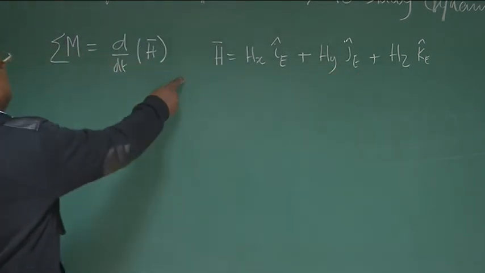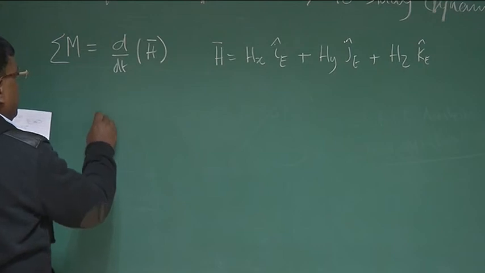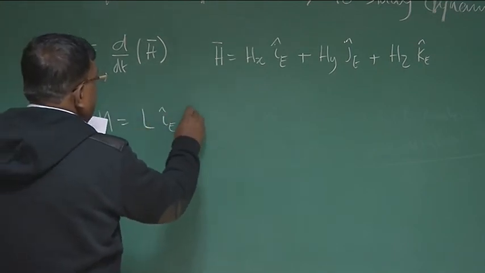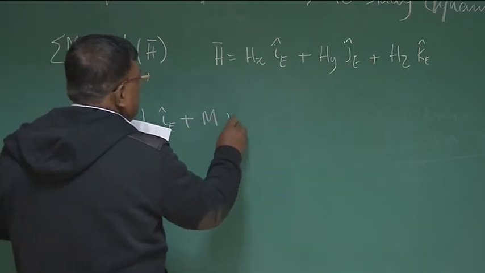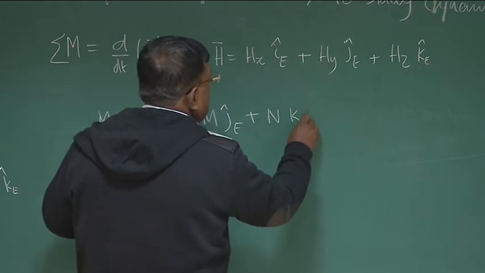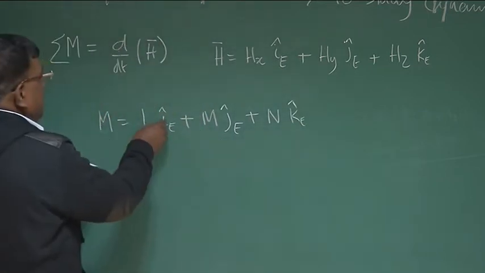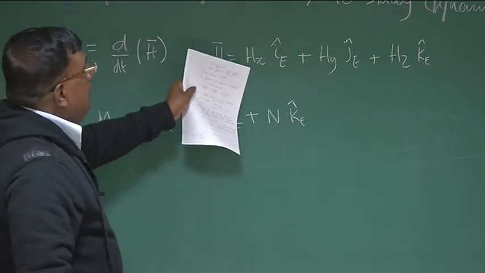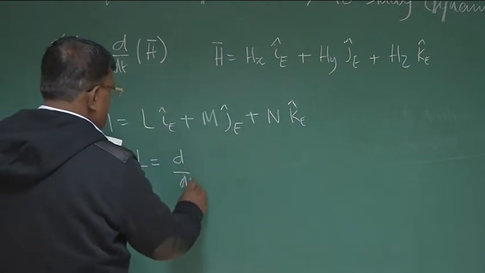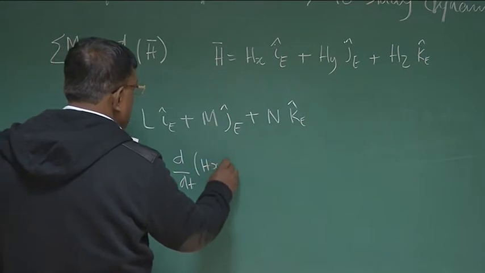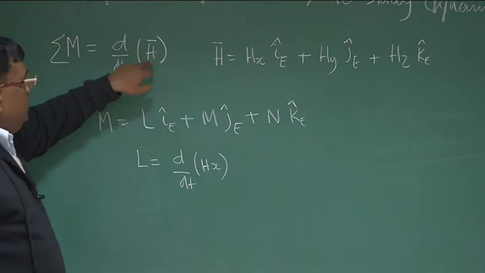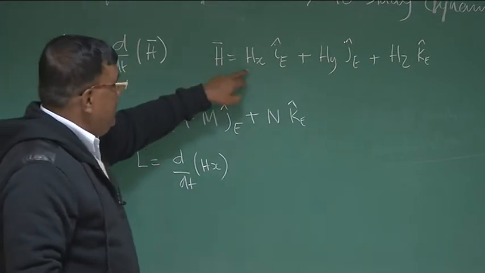If I put this here, I can write the moment as L iE plus M jE plus N kE. So, what is L? L is nothing but d by dt of Hx. This is clear? M is d by dt of Hy.